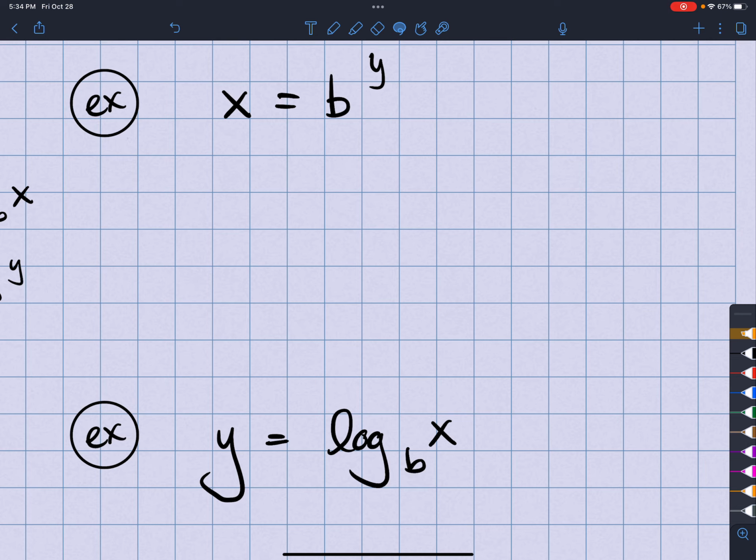So now this right here should look very much like the exponent form of my logarithmic function, which you guys can see right here, right? x equals b to the y, x equals b to the y. So I could use opposite operations to do exactly the same thing, all right? So that kind of shows off those opposite operations. And you're going to need to know those opposite operations.